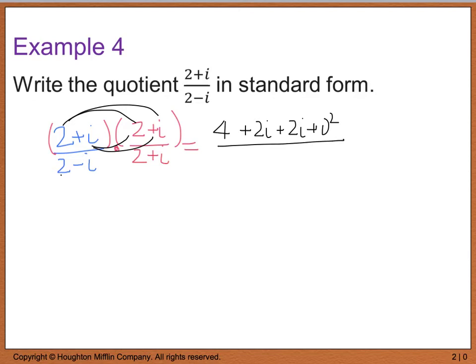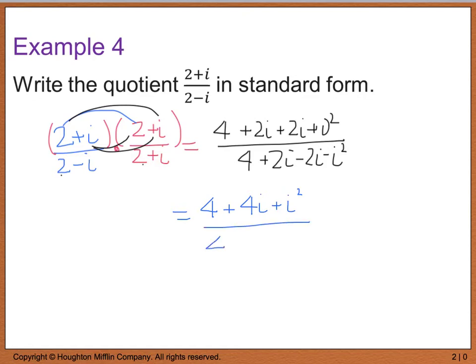So now I have 2 times 2 is going to give me 4 plus 2i minus 2i minus i squared. So when I simplify now, I'm left with 4 plus 4i plus i squared divided by 4. Now my positive 2i and negative 2i are going to cancel, so then I'm left with minus i squared.